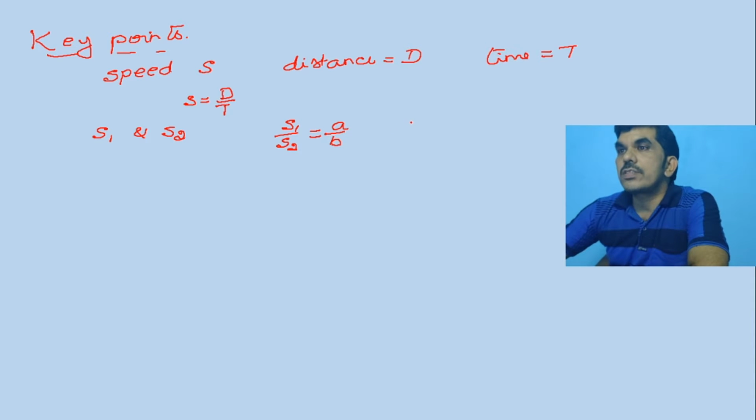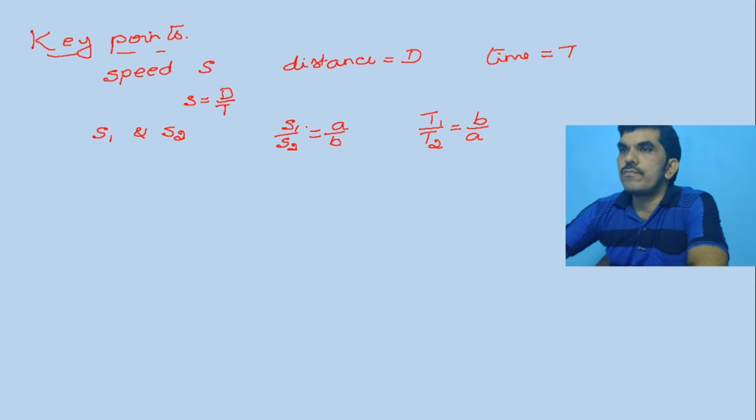Now, if both the objects cover the same distance, then the ratio of time taken by both the objects, t1 by t2, is equal to b by a.